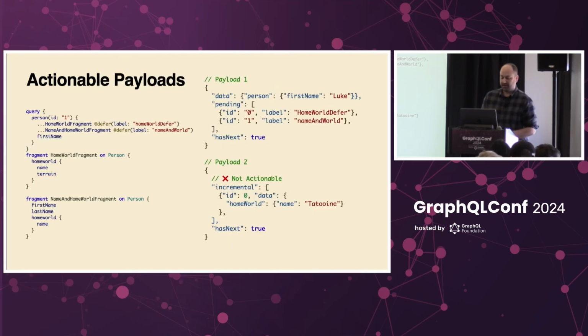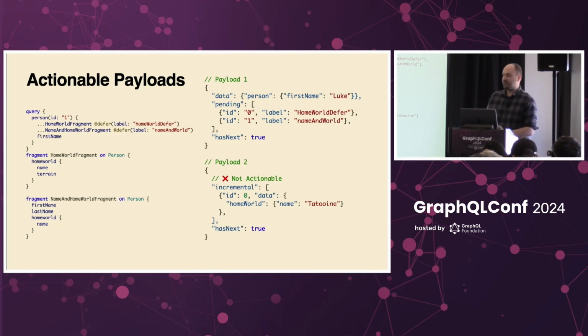And another important thing was that we wanted to make sure that the server's payloads were always actionable. So I mentioned how we expect all the fields in a deferred fragment to be returned together. And so in this example, the second payload is not actionable because none of the deferred fragments have all their fields. We have one bit of data, but it's not enough for any of the fragments to be considered complete.